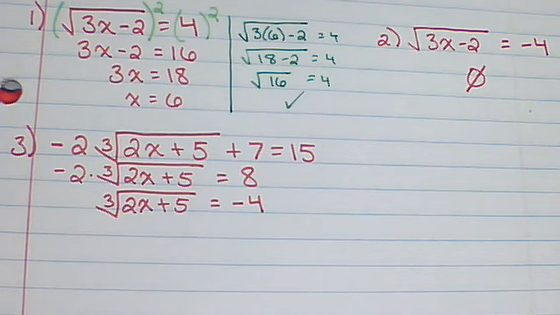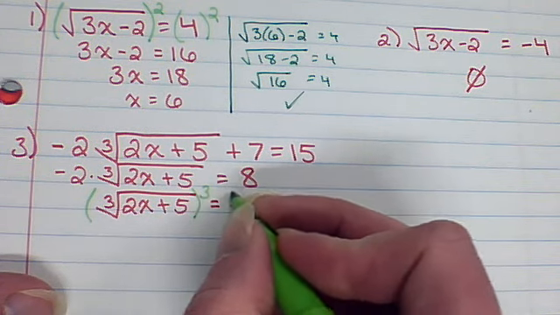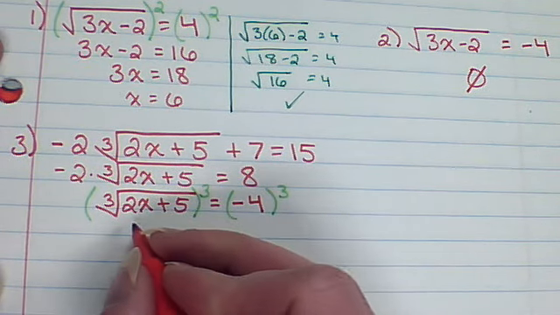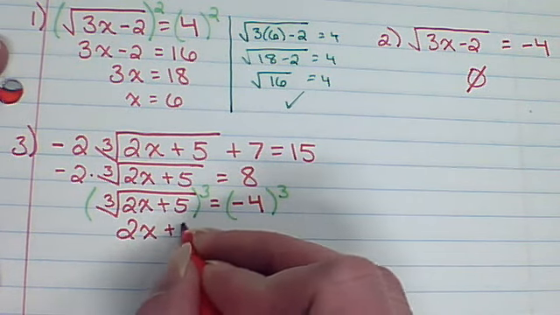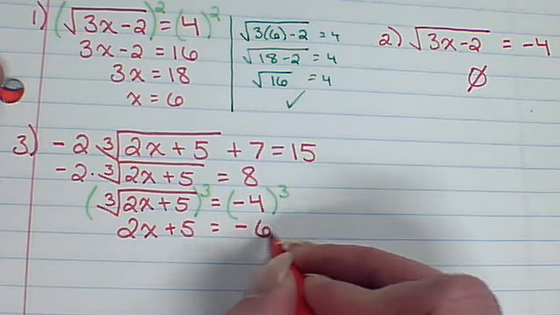So now, we look at the index. It's cubic. So to undo a cubic, we're going to cube it. When you cube a cube root, the radicand comes out. Negative 4 cubed is going to be negative 64.